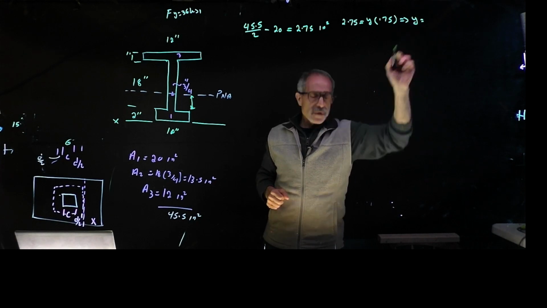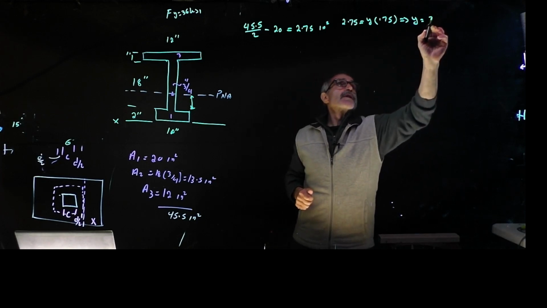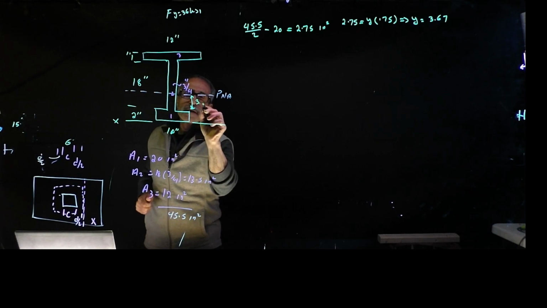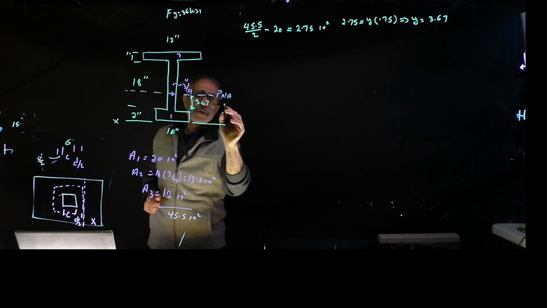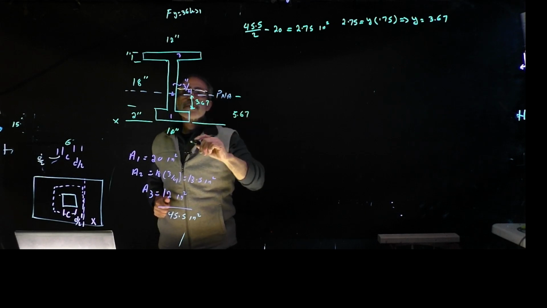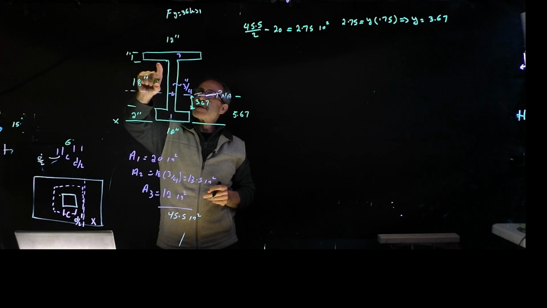Therefore, my y comes out to be 3.67. Okay, so that's 3.67 right here. And if you add this to this distance, it's going to become 5.67. You can figure these distances out quickly.